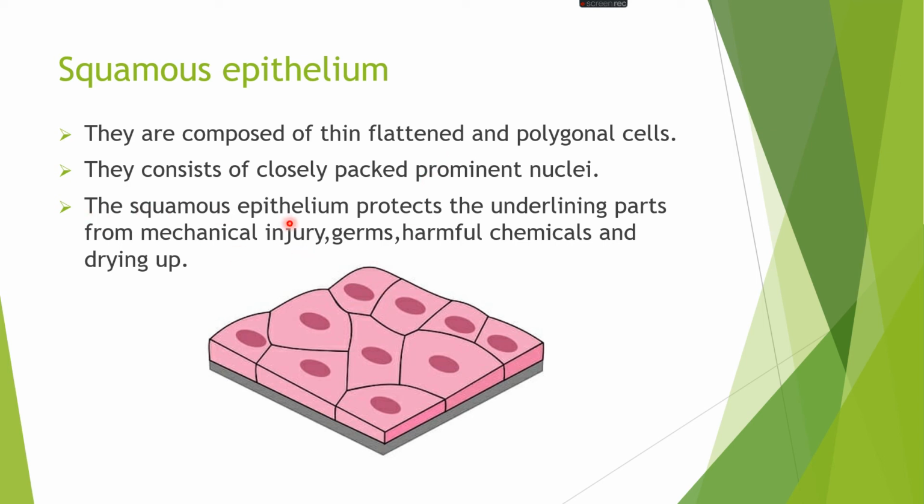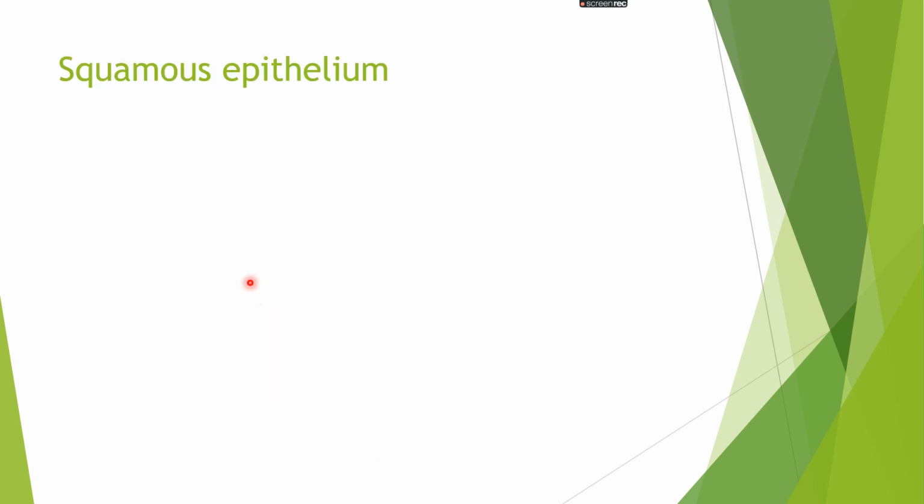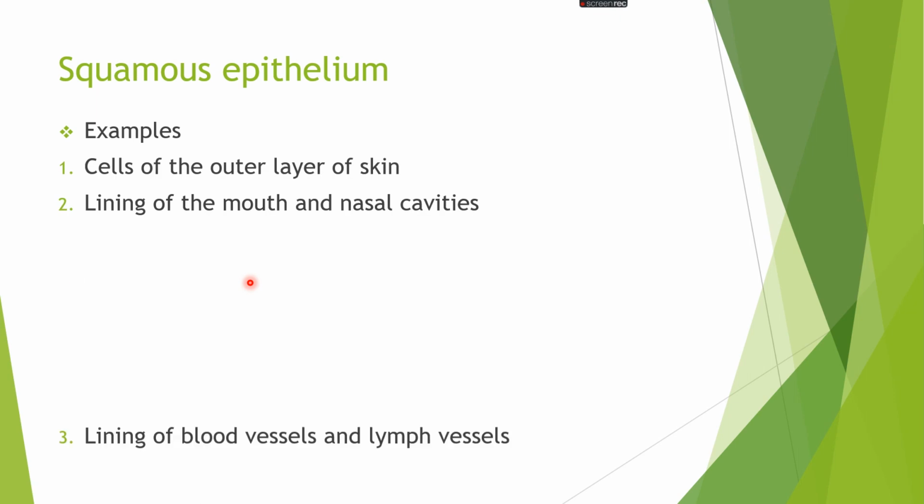Third, squamous epithelium protects the underlying parts from mechanical injury, germs, harmful chemicals, and drying up. So basically, squamous epithelium is protective in function. Now let's have a look at some examples of where squamous epithelium is located.